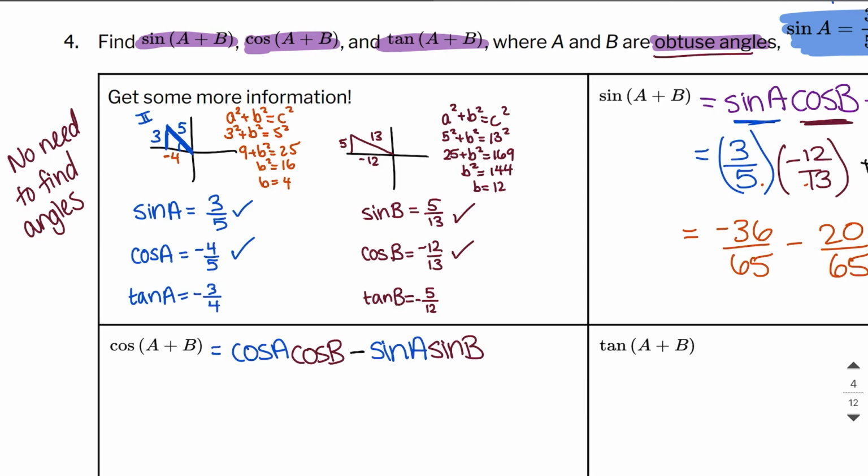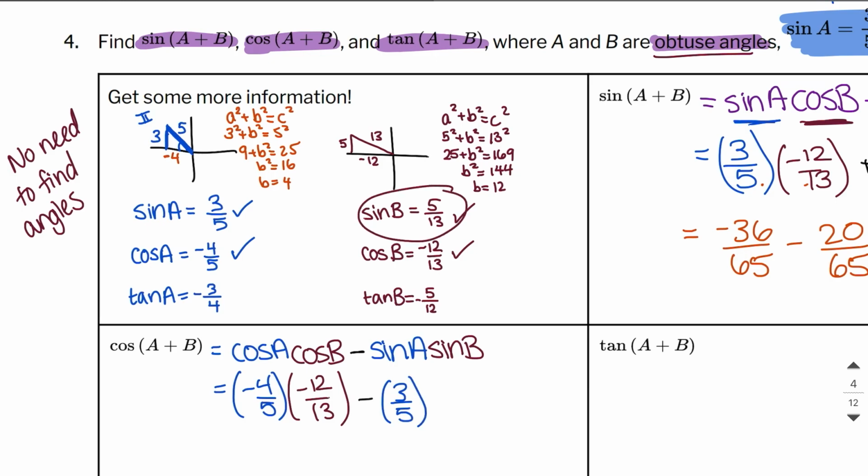And then I'm just going to fill in all of that information here. So I know that cosine of A is -4/5, and cosine of B is -12/13. And then I'm going to write down minus, and sine of A is 3/5, multiplied by the sine of B, which we know is 5/13.